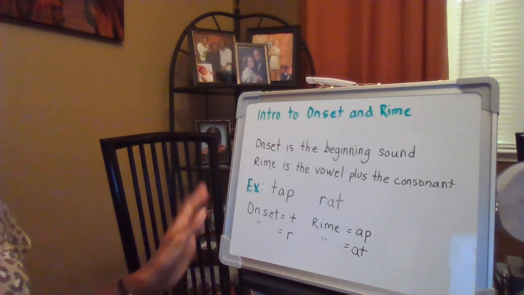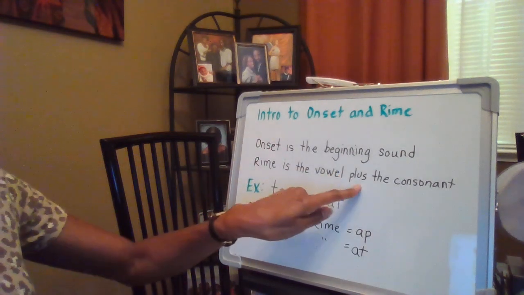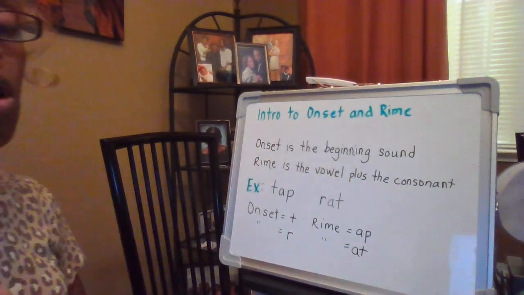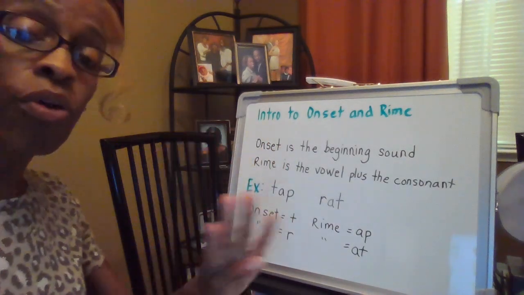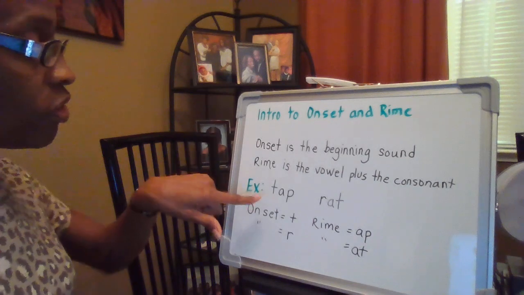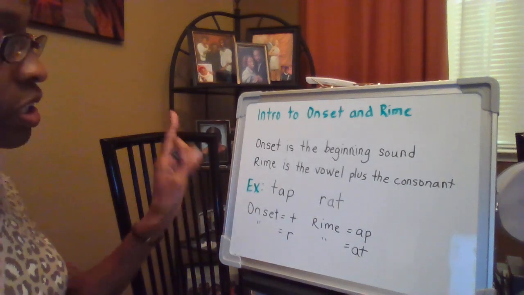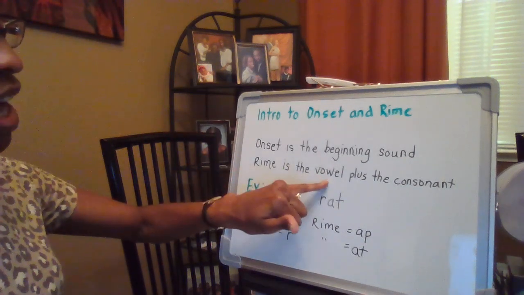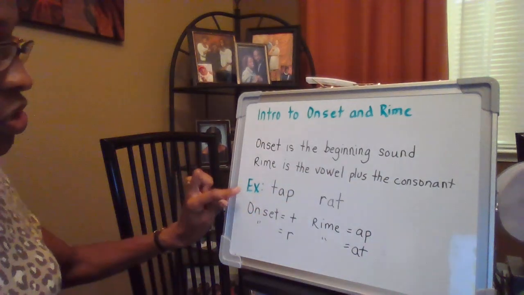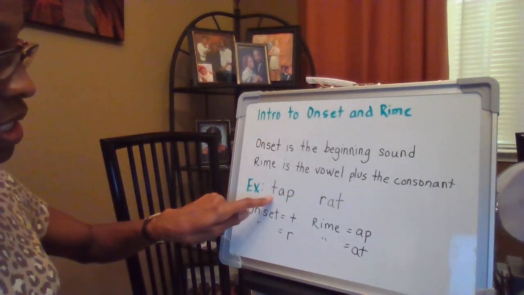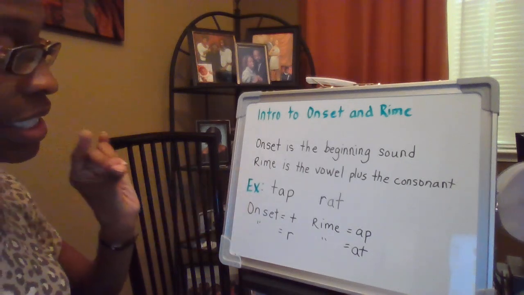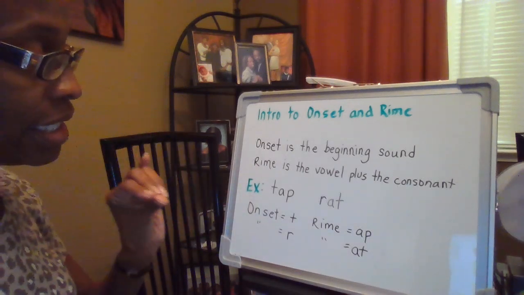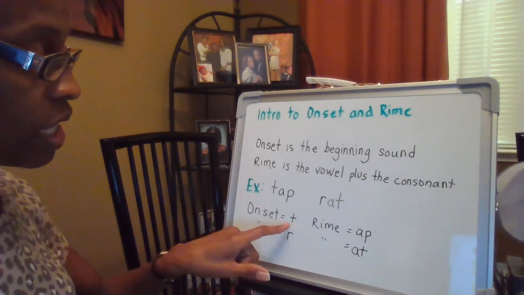The rhyme is the vowel plus the consonant. And there are 5 vowels, A, E, I, O, and U. So let's look at these two examples because the rhyme will be the vowel plus the consonant. So in the word tap, the beginning sound is T. That will be your onset.